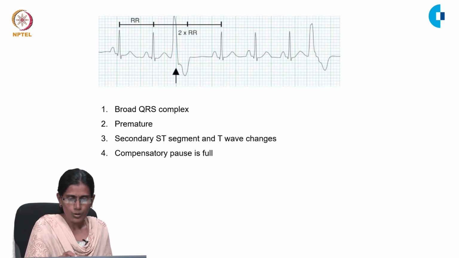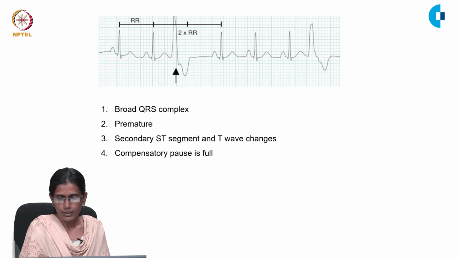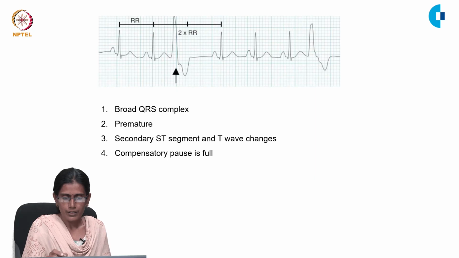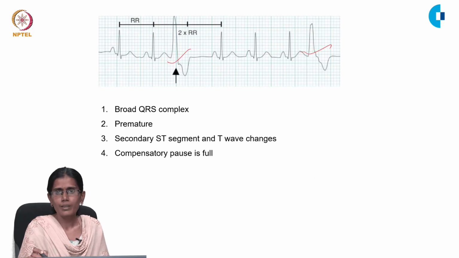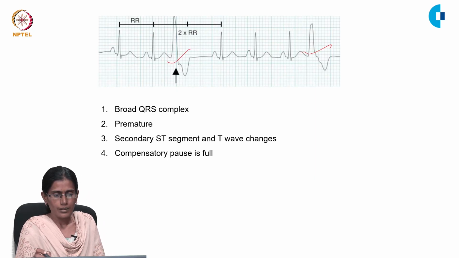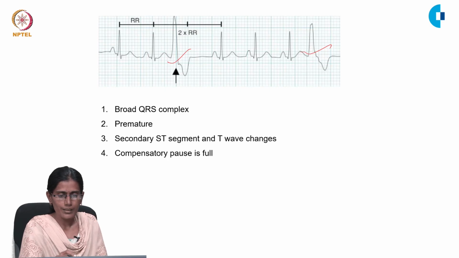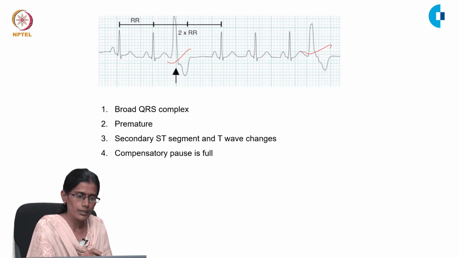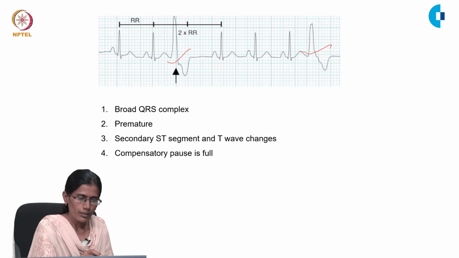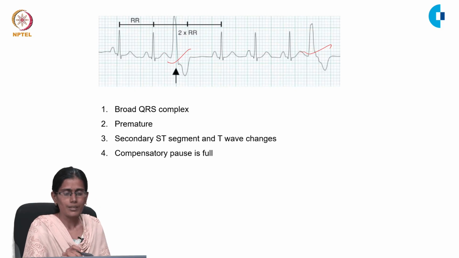You look at all the QRS complexes, 1, 2, 3, 4, 5, 6, 7. Of the 7, 2 complexes are abnormal. The remaining 5 complexes are normally conducted sinus impulses as manifested by P wave and normally appearing QRS complexes.